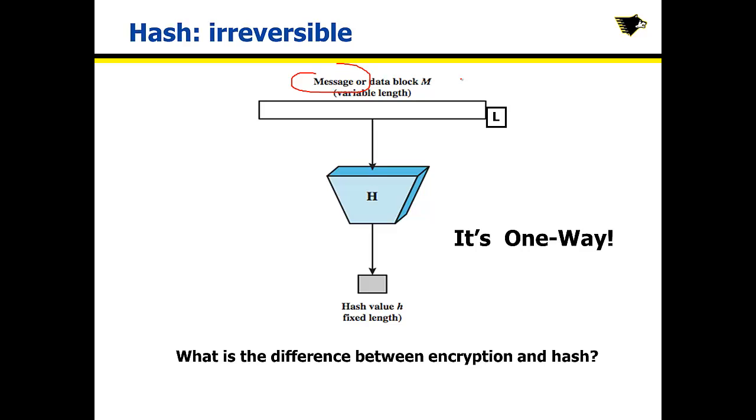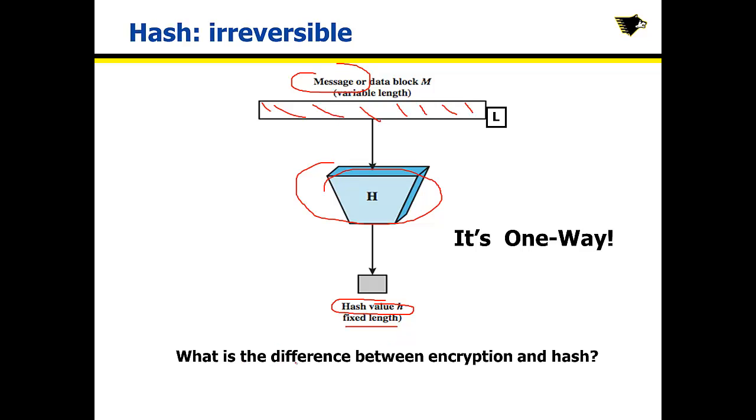This is the basic idea of how a hash value corresponding to a message is created. You have a message, of length L. Then, through some hash function, you get the hash value H. You must pay attention that the length of hash value H is fixed.